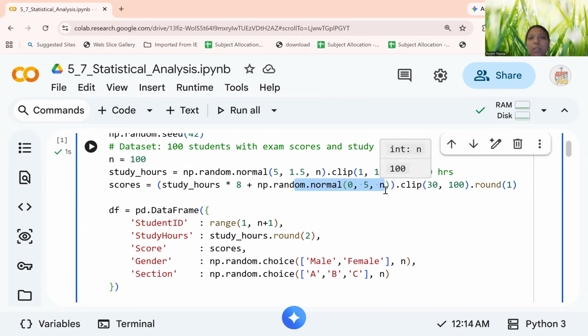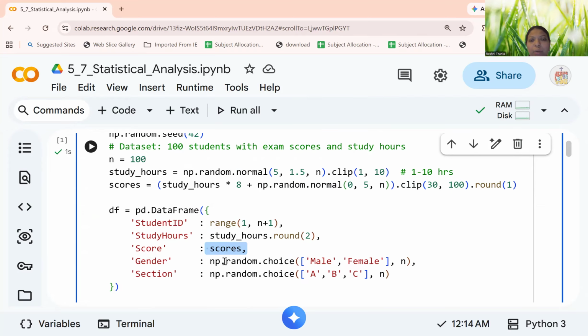For example, a student studying for 2 hours and another student studying for 2 hours will not get the same result, because the grasping capability of both of them is different. So to generate a small randomness, we use this along with it, and we give the marks range from 30 to 100. So the scores should be from 30 to 100, with one decimal value.